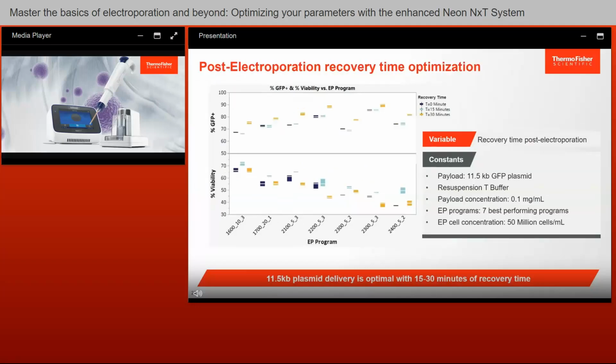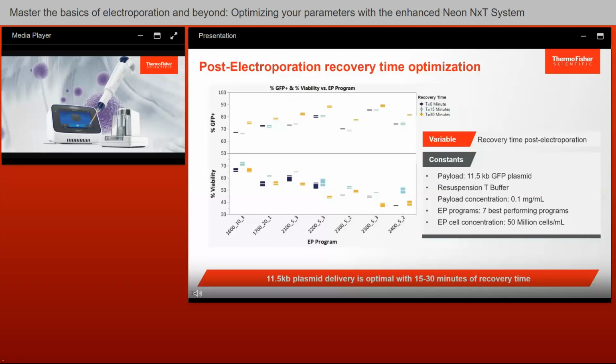So in this section, we have optimized recovery time for the delivery of larger 11 kb plasmid into the Jurkat cells. In literature, it has been suggested that post-EP recovery time improves the EP performance of larger plasmid.